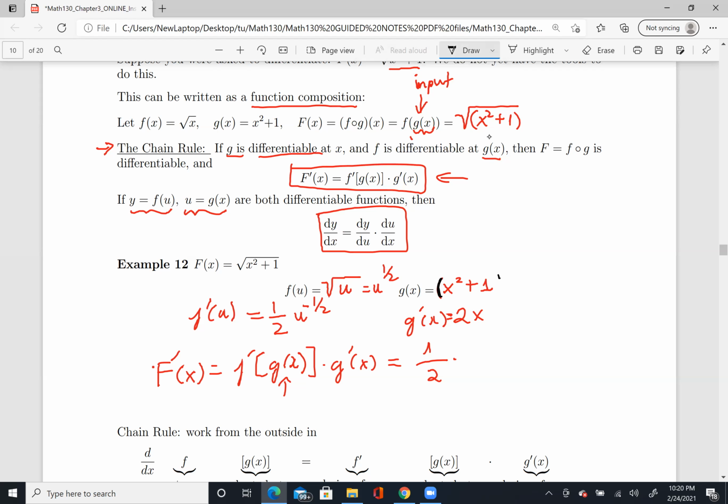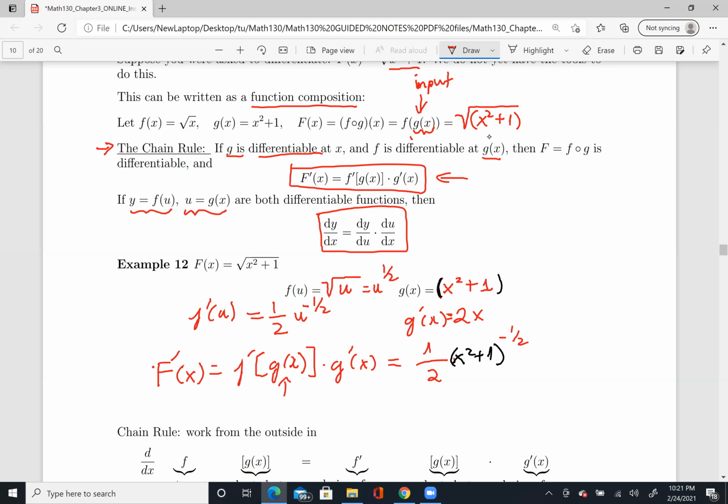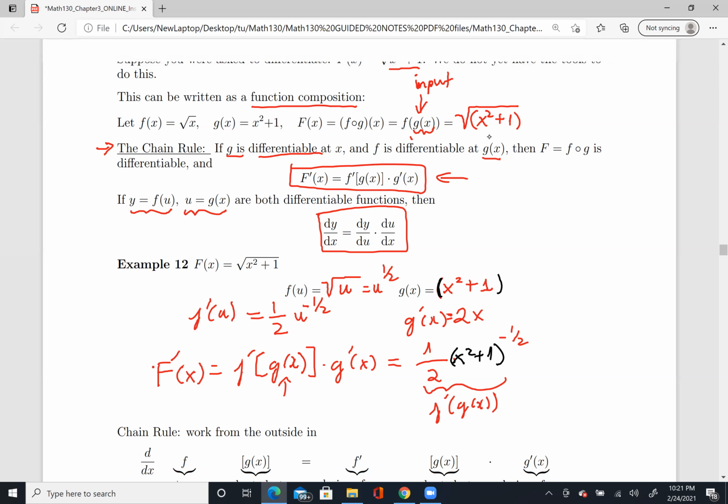It is x squared plus 1. So I multiply by x squared plus 1 to the power negative 1/2. Remember that this is f derivative of g of x. Now I multiply by g derivative of x, which is 2x.